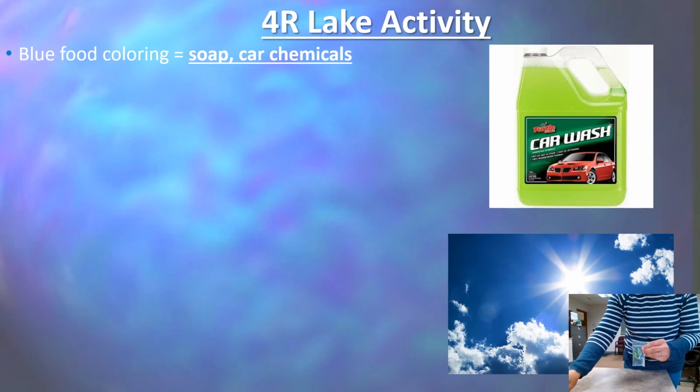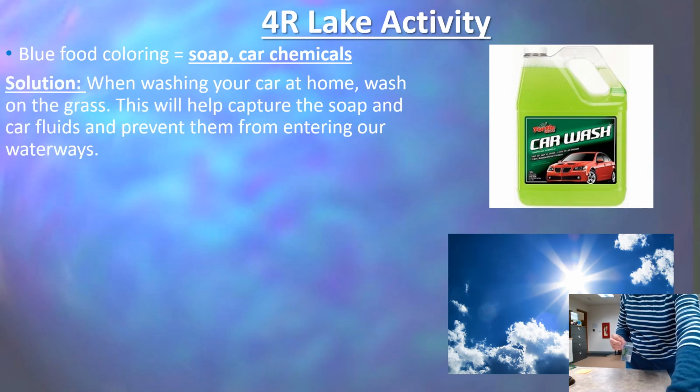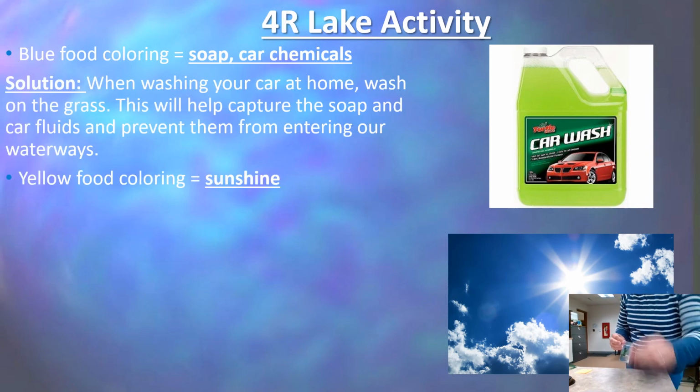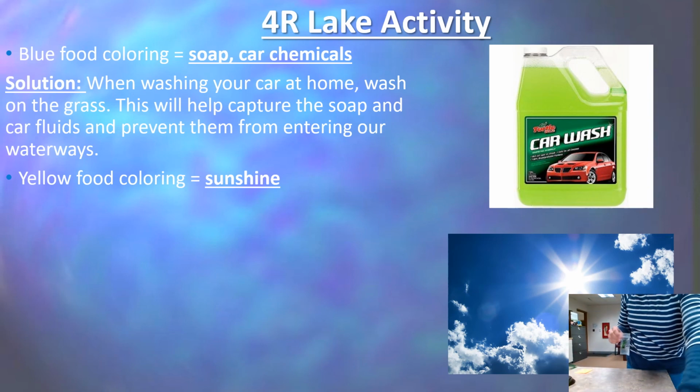A drop of this food coloring represents chemicals that are often leached through non-point pollution into waterways. This yellow food coloring represents the sunshine, which is the energy driver in the algae creation.